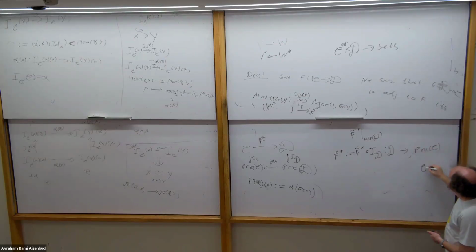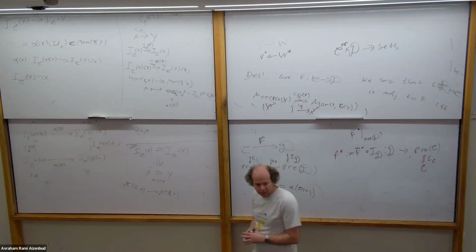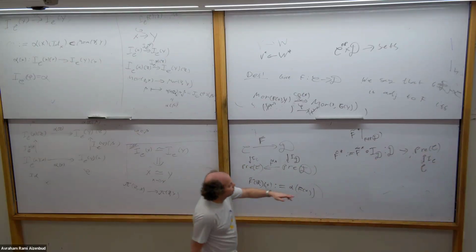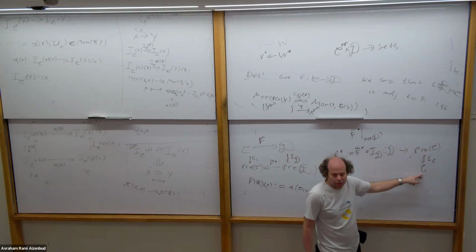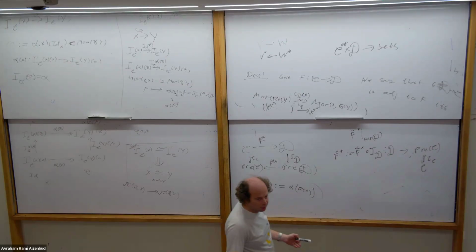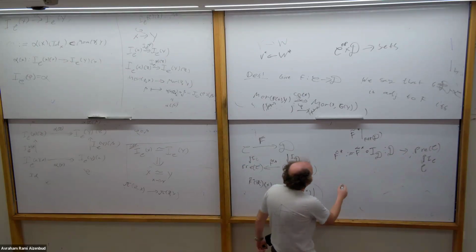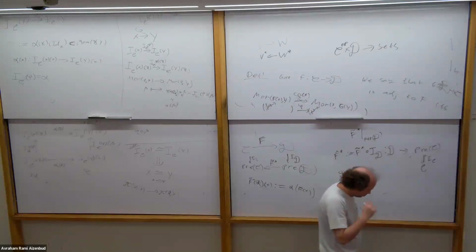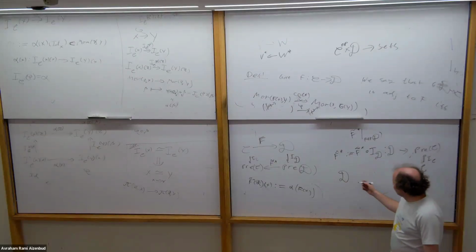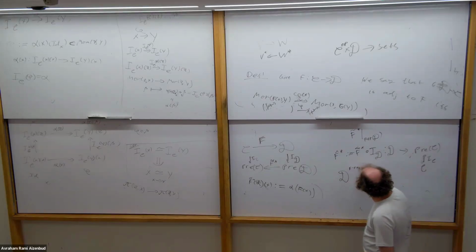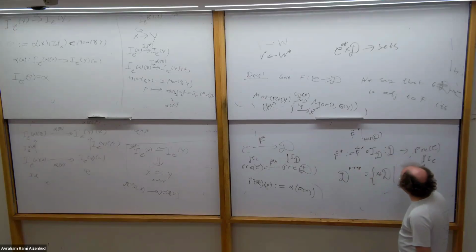But now we remember that C basically sits here, embedded by the Yoneda embedding, as the full subcategory of representable functors. So some objects in D will be mapped to objects that are actually representable, objects in C, and some not. So let's define D rep to be the collection of all objects in D such that F hat star of x is representable.